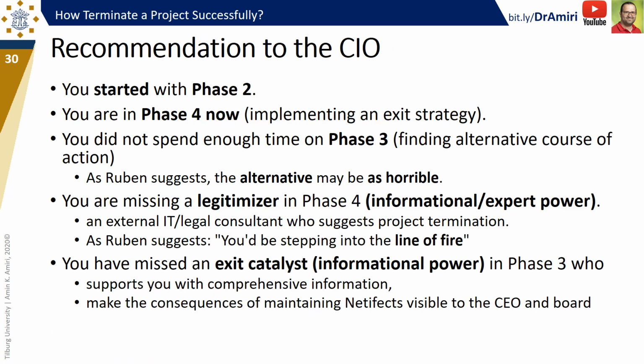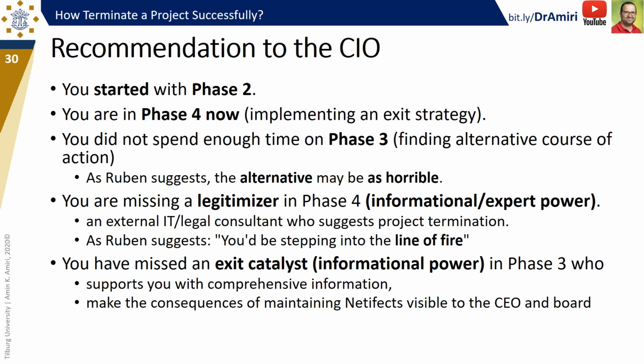Based on this paper, first I explain the current status of the termination process, and then I try to provide recommendations for Jim Barton, the CIO. So he started with phase 2.